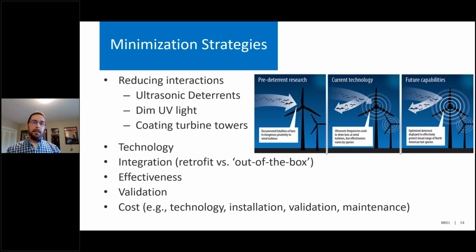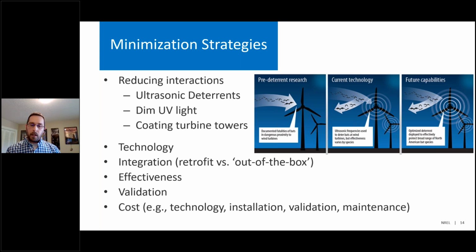And lastly, just to introduce another set of minimization strategies that are being investigated. Here we're using technologies for the most part to keep bats away from wind turbines and to discourage their investigation. So most of this work has fallen under studies looking at the effectiveness of ultrasonic deterrence, but there are other ways of dissuading bats from approaching or spending time around turbines, such as dim UV light or coating turbine towers.